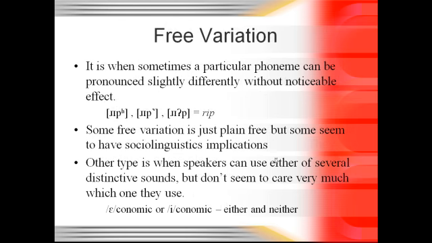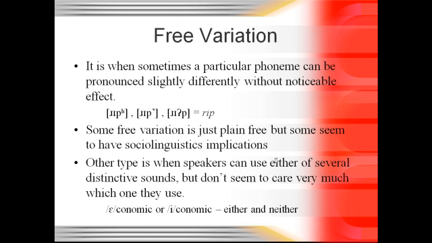The next one is free variation. Free variation is like a combination of minimal pair and the next method that I'm gonna mention, complementary distribution. This depends on the speaker's choice to pronounce a particular sound or word.